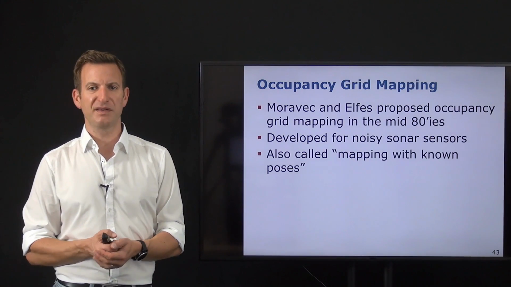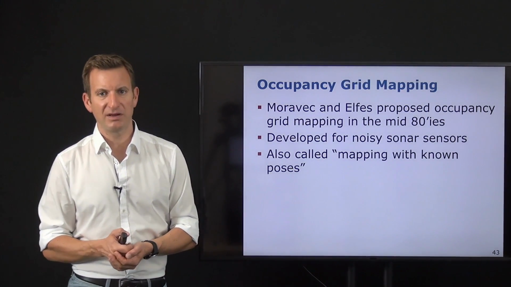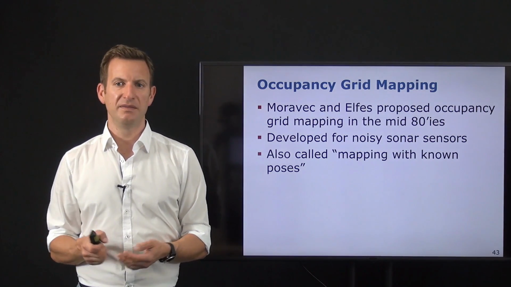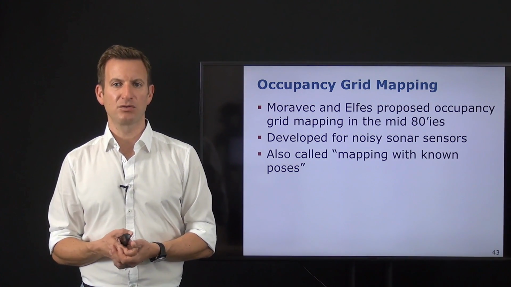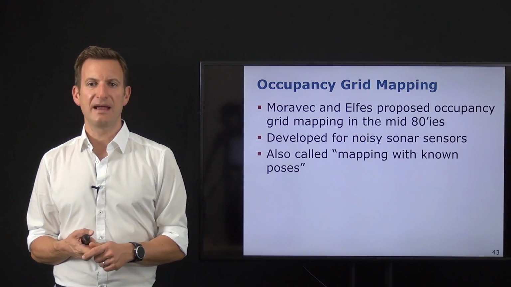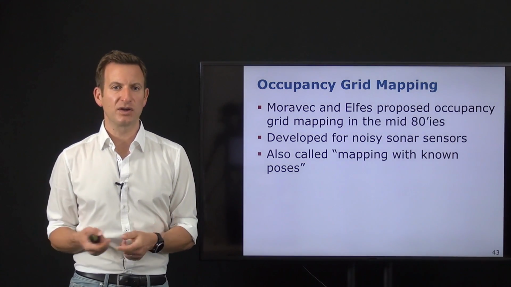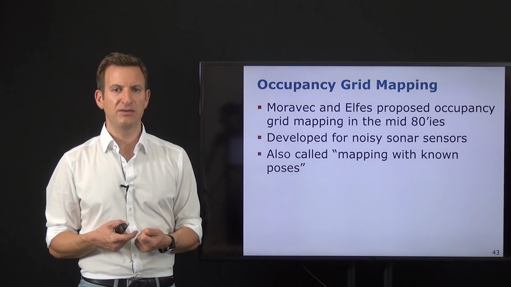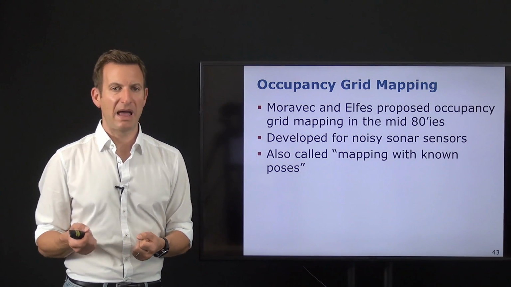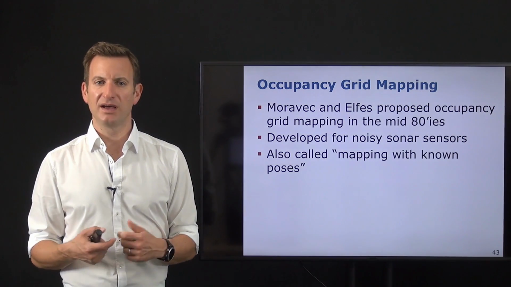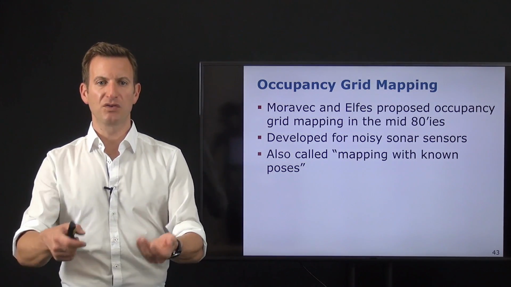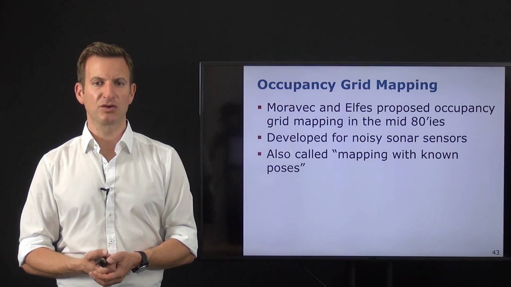And a few words about the history. This is an algorithm which has been developed by Moravec and Elfes in the early to mid-80s. So it's an algorithm which has been around in the robotics community for quite a while. They used it with sonar sensors to build occupancy grid maps, with a robot which knows its pose, driving through the environment, building a map, and estimating which part of the environment is occupied or free.